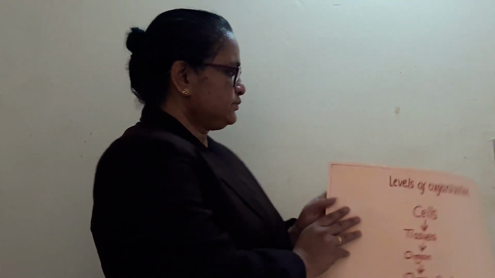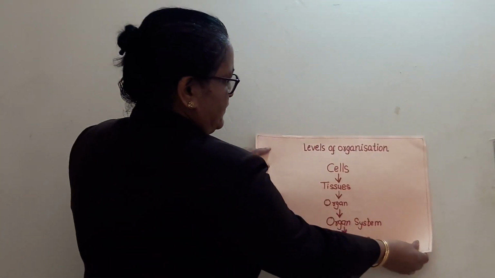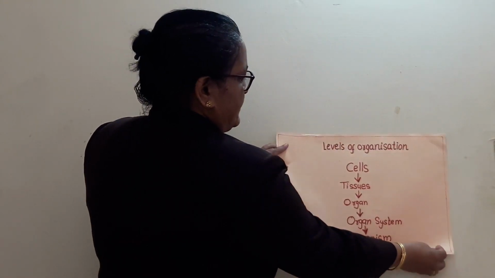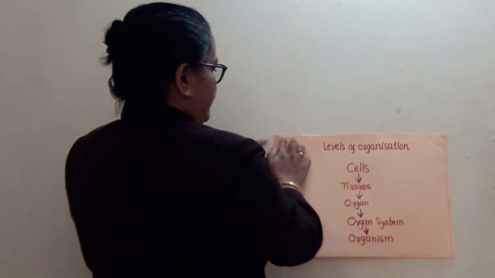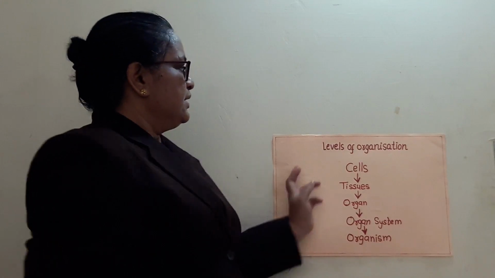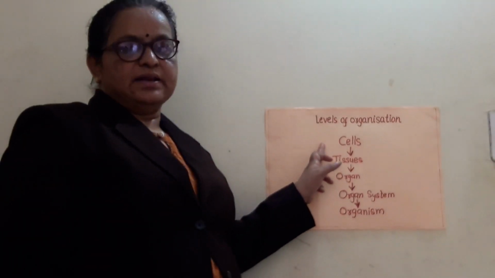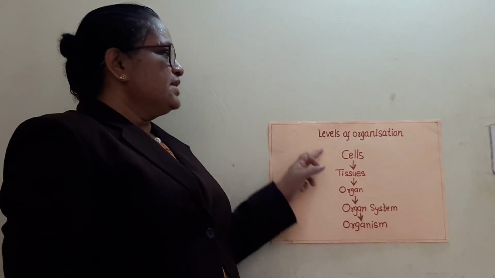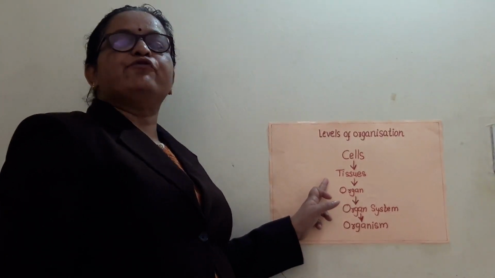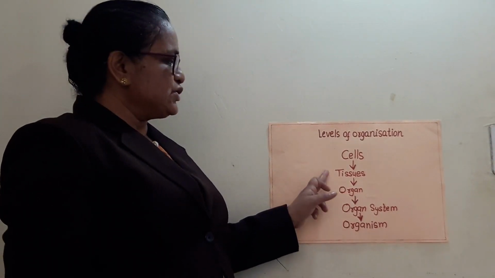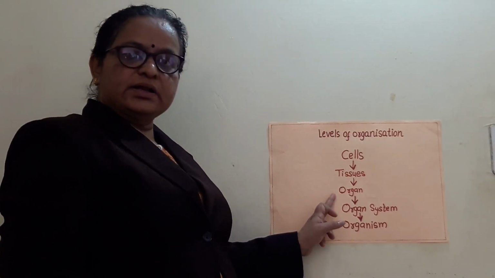See, here is one chart. These are the levels of organization. First is a cell. Then these cells come together and form tissue. These tissues together form an organ.